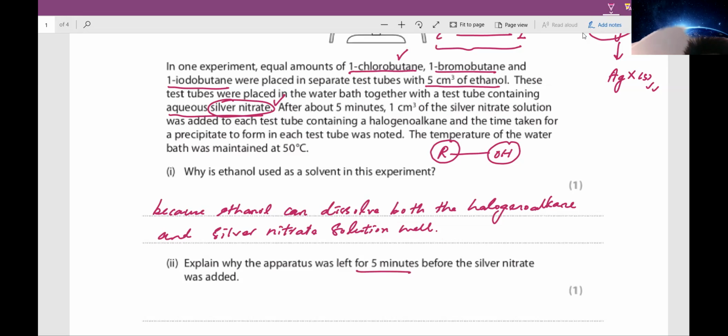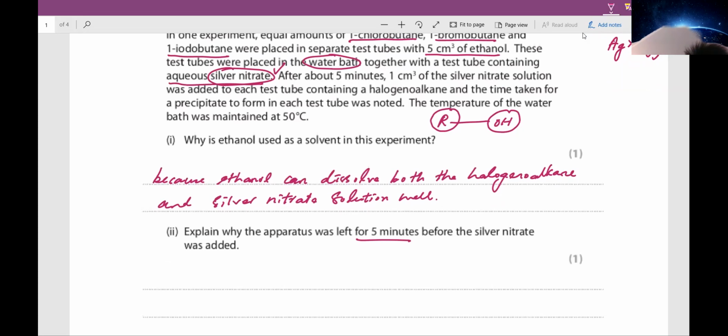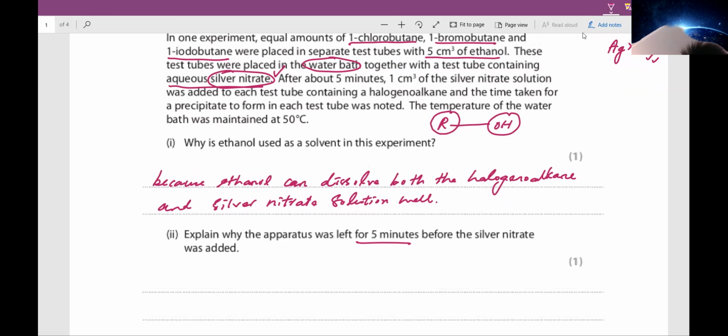Explain why the apparatus was left for 5 minutes before the silver nitrate was added. Okay, now let's take a look. Like you use the water bath, right? You set a specific temperature for the water bath, and then it takes time for the reaction mixture to attain the temperature you want, right? So I will say we wait for 5 minutes because we have to make sure the reaction mixture can attain the specific temperature, and the temperature is constant, right?